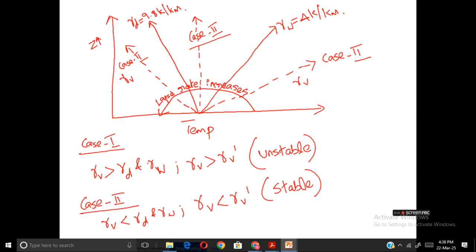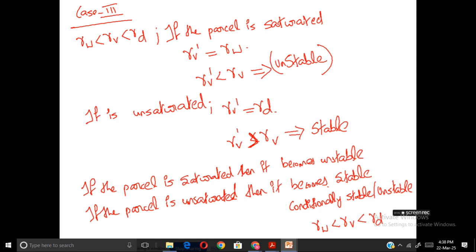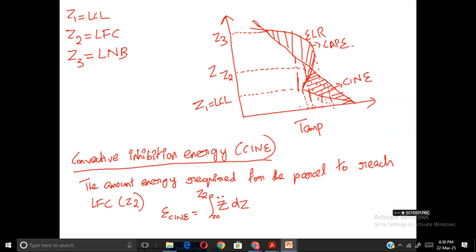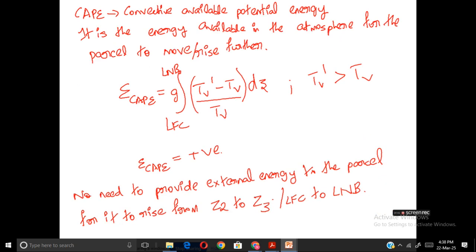We also learned what conditional instability is, when the lapse rate of the environment lies between the dry adiabatic lapse rate and the saturated adiabatic lapse rate. That condition is basically known as conditional instability or conditional stability.